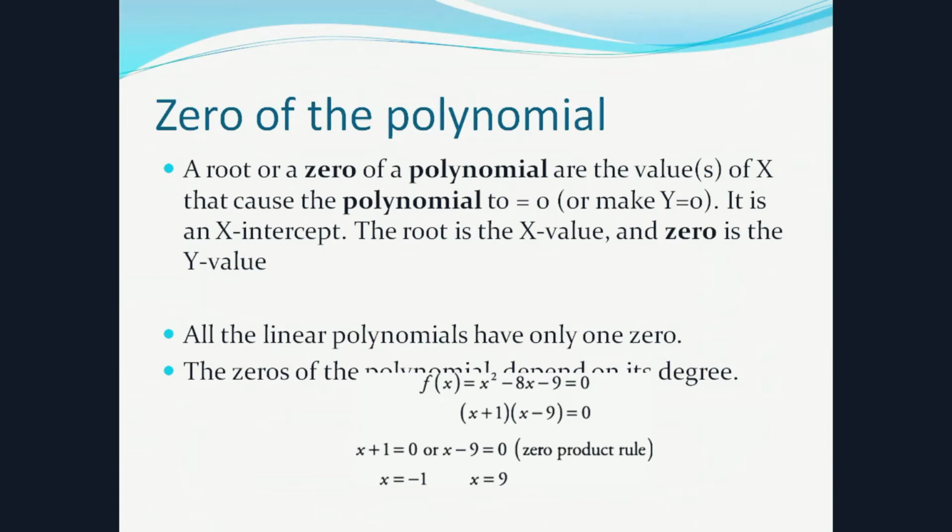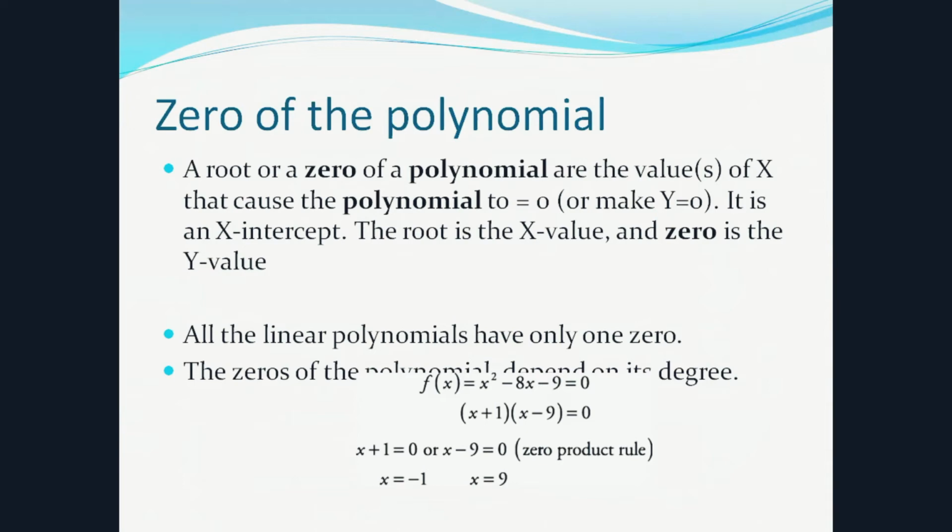Now we will look at a polynomial and find its zeros. Since the given algebraic expression is a quadratic polynomial, it is obvious that the zeros of the polynomial would be 2. So we will do some simple maths and factorize it.